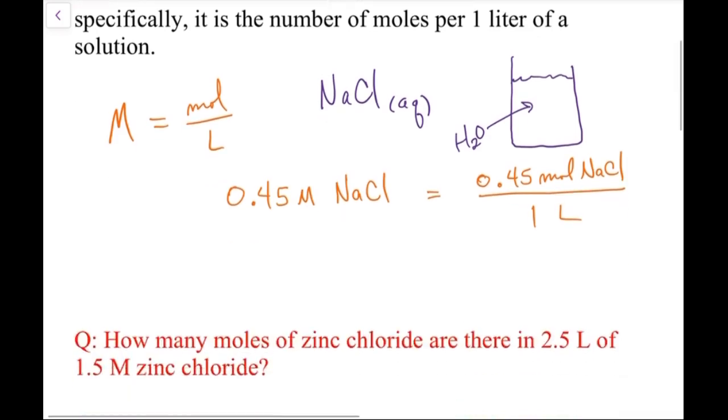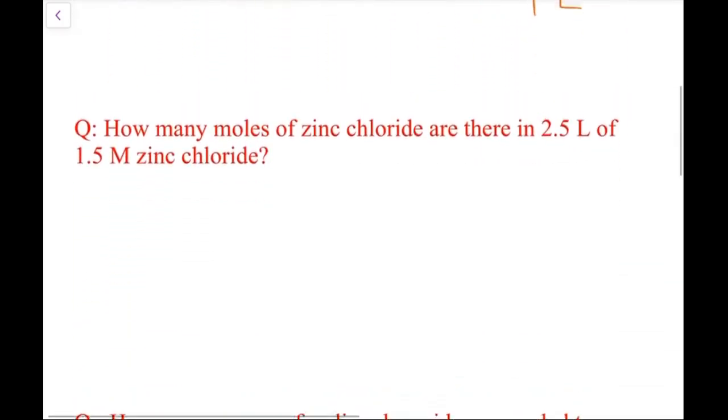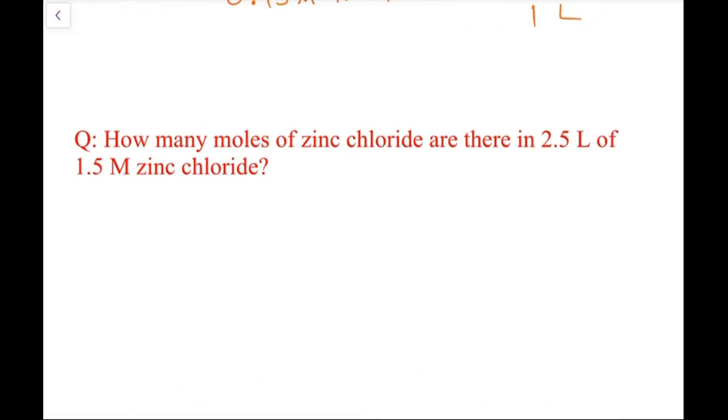So let's look at an example of a question you might be asked. How many moles of zinc chloride are there in 2.5 liters of 1.5 molar zinc chloride? The first thing we have to understand is that molar means moles per liter, and anytime you see that capital M, that's what that means. So if I'm going to do a conversion here, I've got two numbers I'm given: the volume and the molarity.